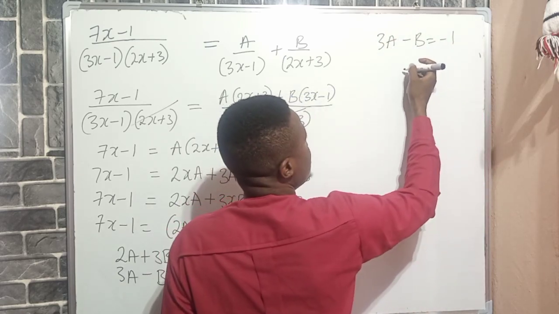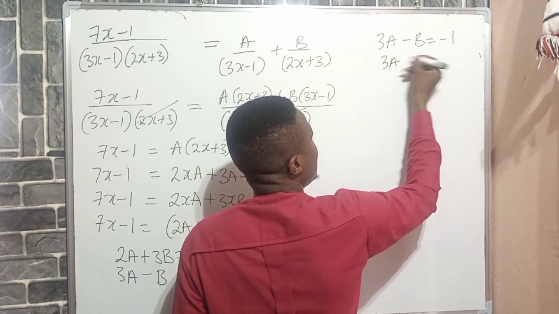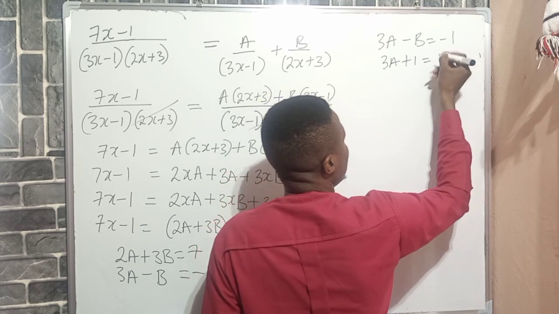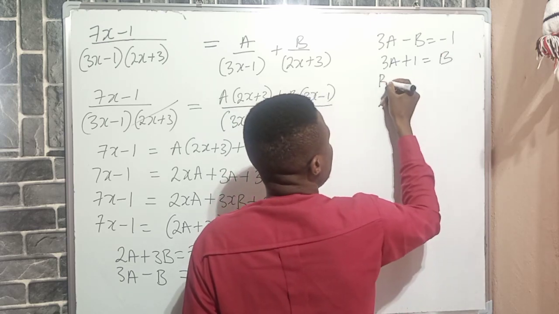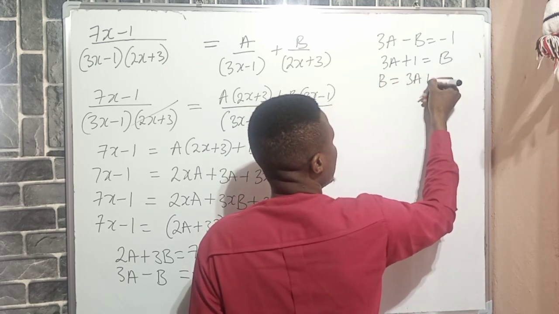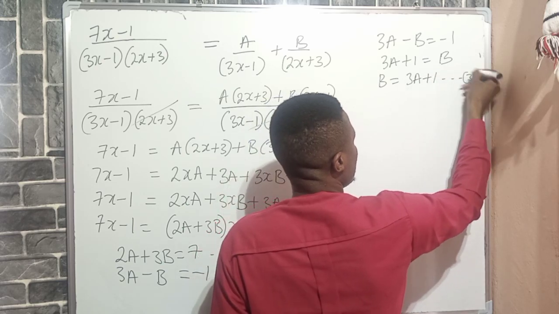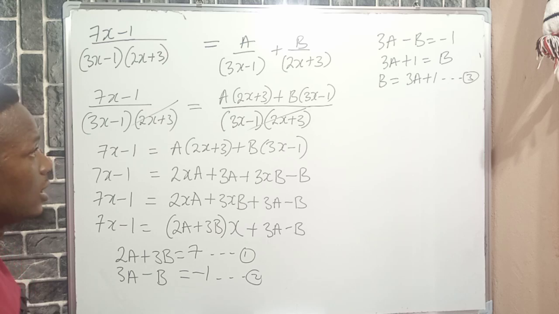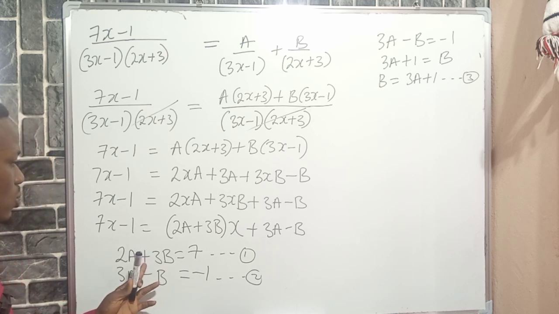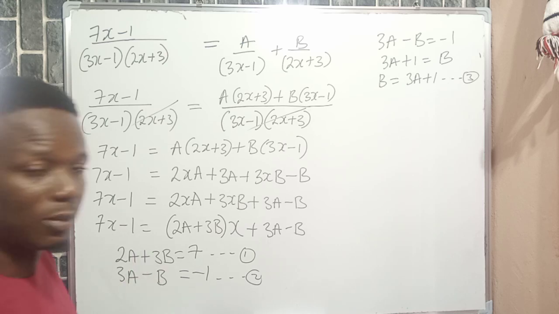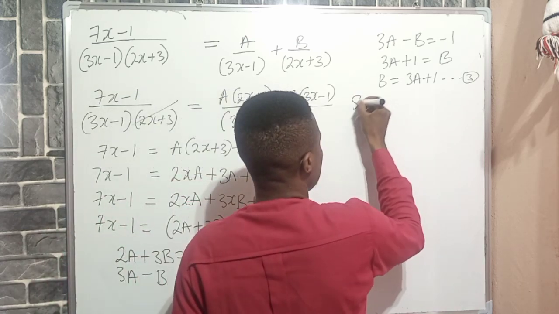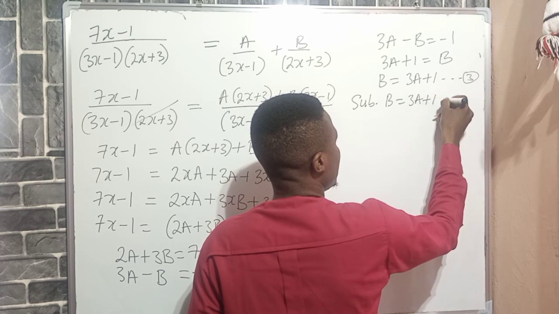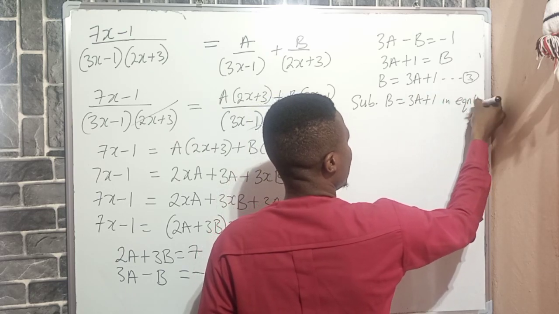If I make B the subject, you have that 3A, minus 1 coming in here becomes plus 1, equals B. So our B is equal to 3A plus 1. Let's call this equation 3. Then I will substitute B in equation 1 so that the value of A can come out. So you now say substitute B equals 3A plus 1 in equation 1.